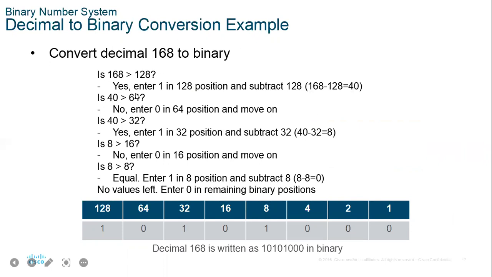Is 40 greater than 64? No. So it's very literal. Is this greater than this? We're just trying to compare if we have this in decimal and if we have it in binary, whichever way, you're still going to have the same results. So that's why 168, for instance, is written like this in binary.